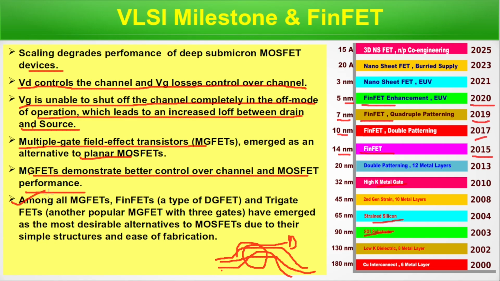Among all MGFETs, FinFETs and Tri-Gate FET have emerged as the most desirable alternative to MOSFET due to their simple structures and ease of fabrication. There are 2 forms of FinFET, double gate FinFET or triple gate FinFET. These have emerged as the most desirable alternative to MOSFET because of their performance and ease of fabrication. So we are done with this slide. We will move to the next slide.